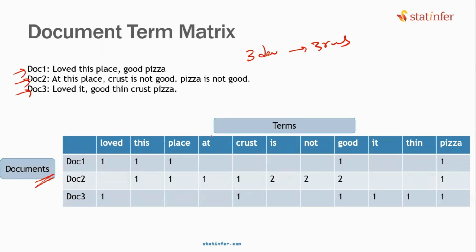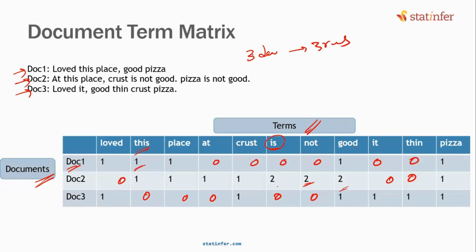Documents are the rows and the unique words are the columns. Then what are these numbers: 1, 1, 1, 0, 0, 0, 0, 0, 0, 0? Present or not? This number shows how many times this particular word appears in that document. Right now, this one is appearing once, this one is appearing twice, and so on.